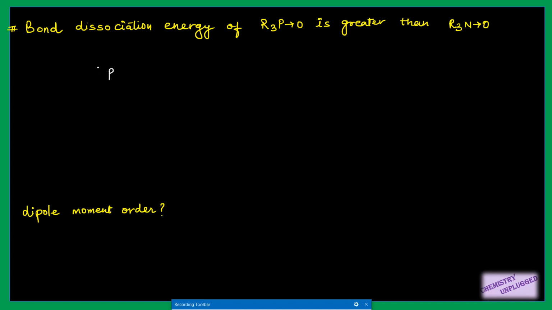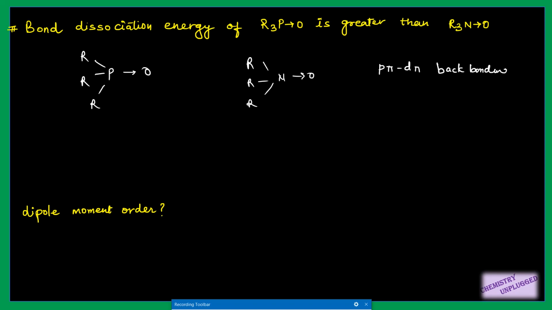Suppose this is the structure for trialkyl phosphine oxide, and this is for trialkyl amine oxide. We can explain this by p pi d pi back bonding. Oxygen has a lone pair of electrons in its p orbital, and phosphorus has empty d orbitals.